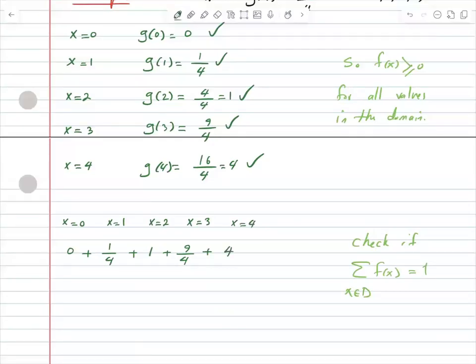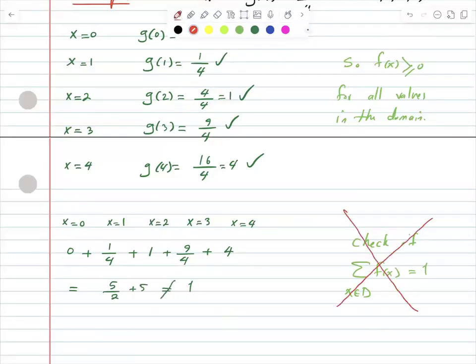If you add all of these together, this is equal to 10 divided by 4, or 5 over 2, plus 5, which is obviously not equal to 1 or 100%. So since the second condition is not met, the function cannot be used as a probability distribution.